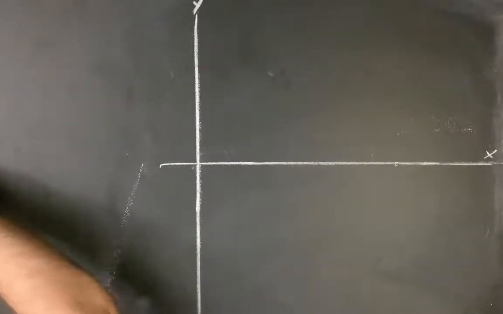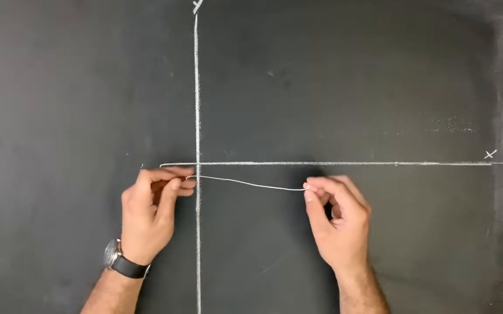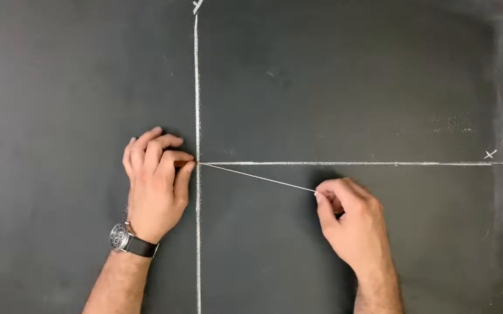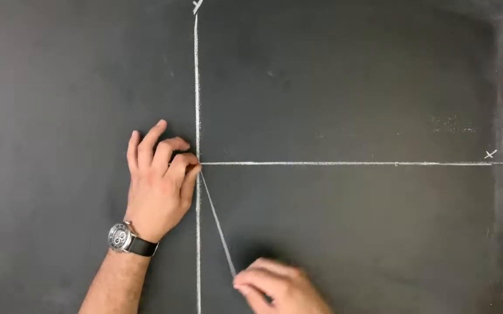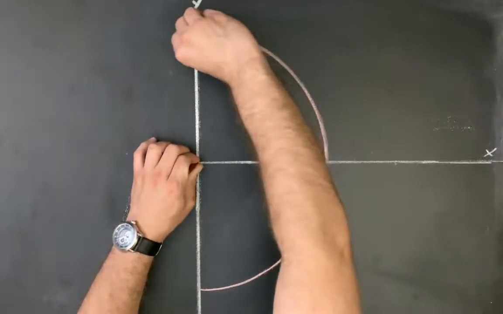Next thing that we need to create is a semicircle. So I have this tool, and it keeps the origin of the semicircle at the origin of the graph, and this chalk to denote the semicircle.